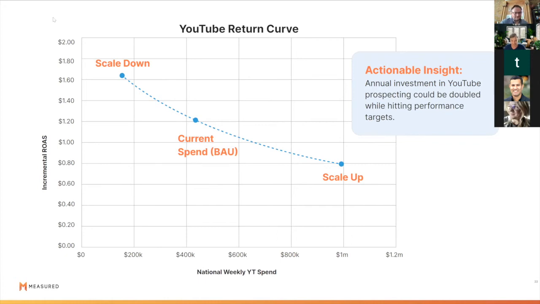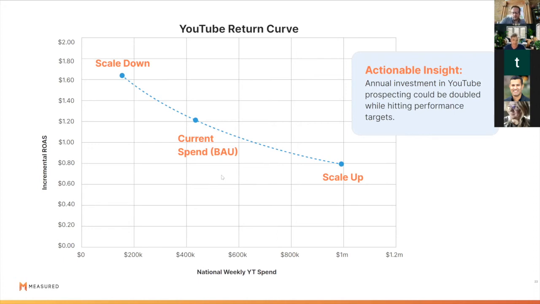Now, that's not in their target. Their target is probably around $1. But they know if they want to go hunt for incremental revenue, YouTube has it. In a case where revenue or growth becomes the number one priority, they now know they can go to YouTube to drive it. So that was one key takeaway.